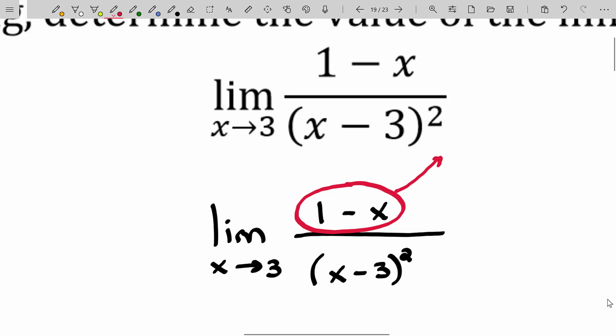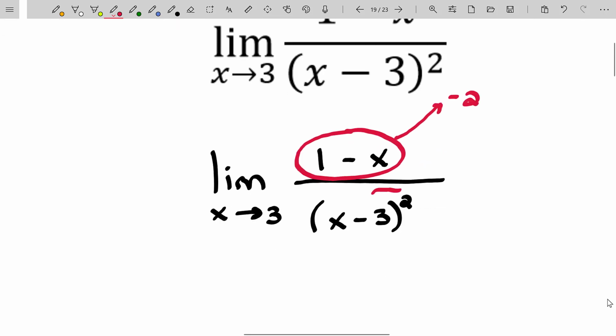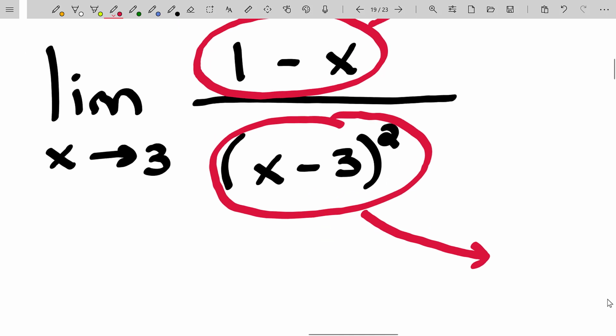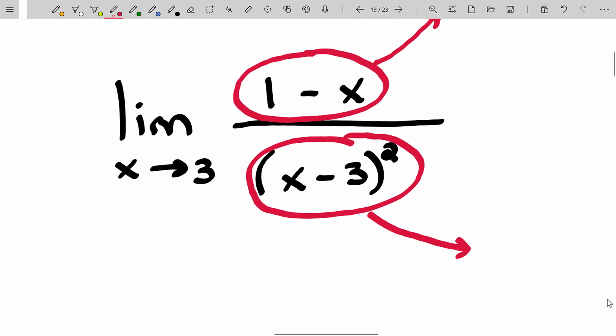But that numerator, as x approaches 3, is approaching 1 minus 3, or a negative 2. The denominator, on the other hand, is approaching 3 minus 3 squared. Now, it's not actually becoming 0, but it's approaching. That's why I'm using these arrows. Notice I'm not using an equal sign because it does not equal 3 minus 3. It's approaching 3 minus 3.